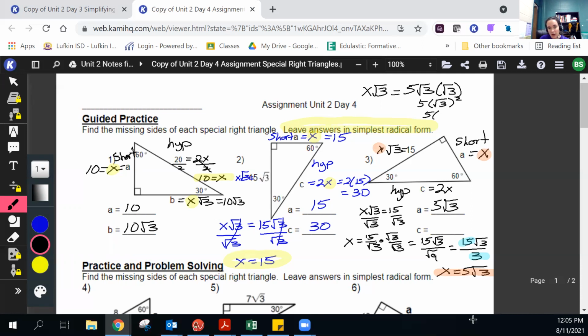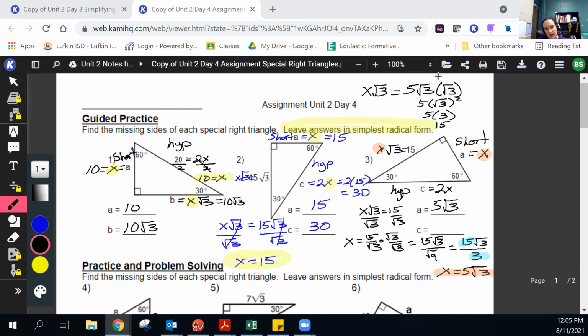So this is just 5 times 3, but that's 15. That's extra work because I didn't need to do that, because we already knew that side was 15.